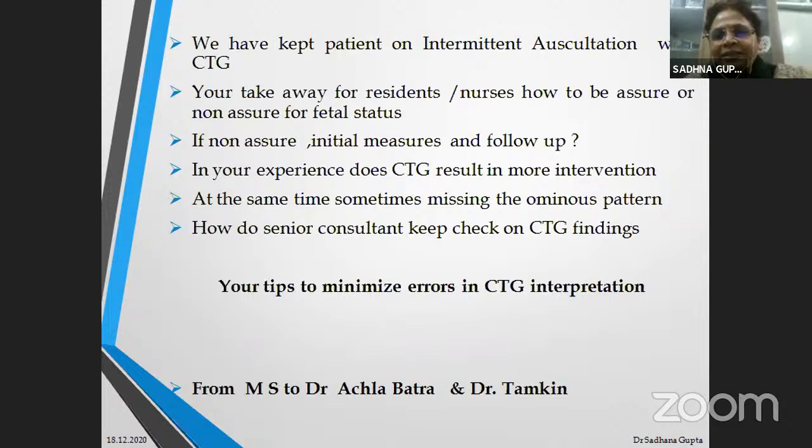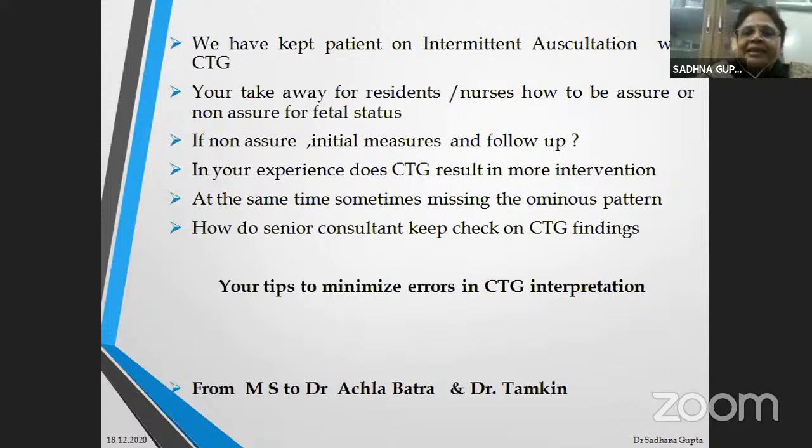One thing, it is a question from Mitra, but like the discussion is there. Some panelists say that my nurses are very good in interpreting CTG, but unfortunately, all over the world, we read CTGs in different ways. For some it is normal, and for some it is very bad.